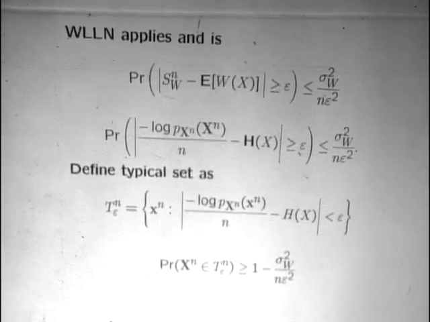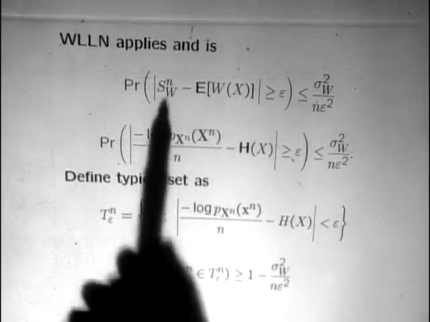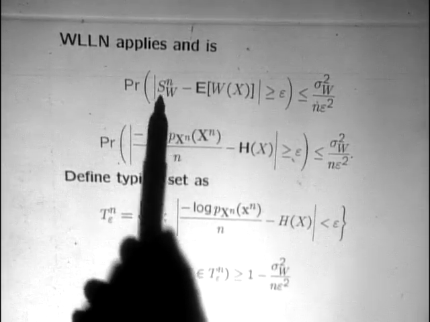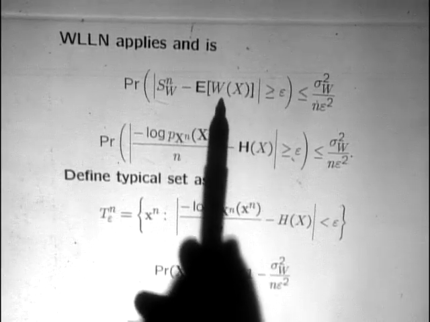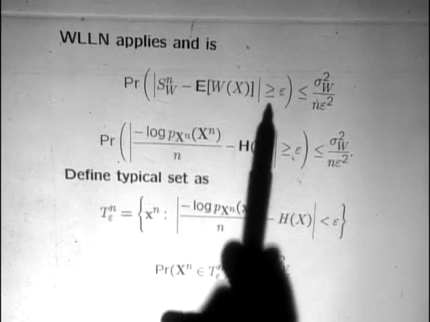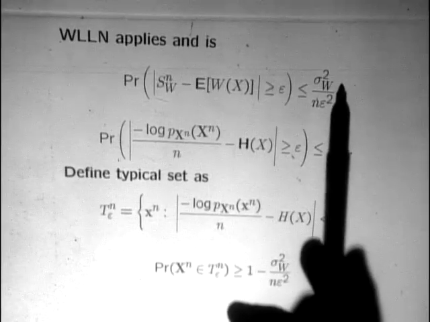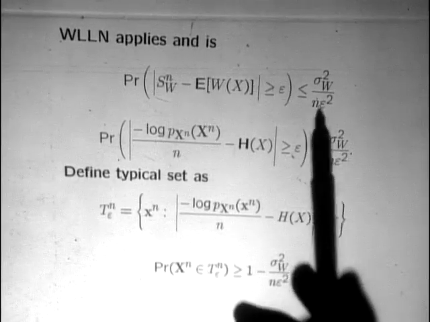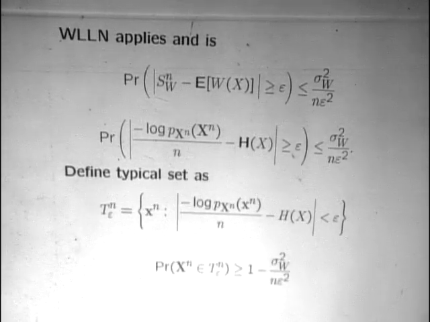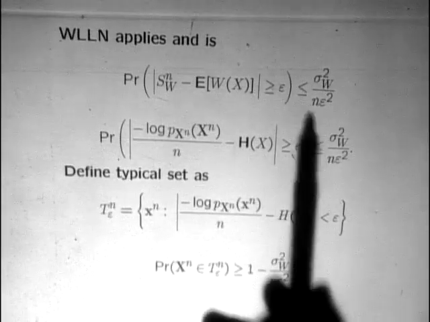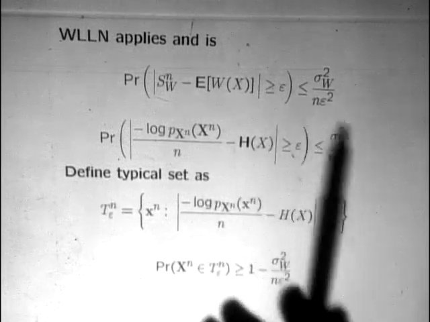Okay, the weak law of large numbers applies here and says that the probability that this sample average of the log PMF is close to the expected value of the log PMF, the probability that the difference is greater than or equal to epsilon, is less than or equal to the variance of the log PMF random variable divided by n times epsilon squared. Now, we are going to take the viewpoint that n epsilon squared is very large.